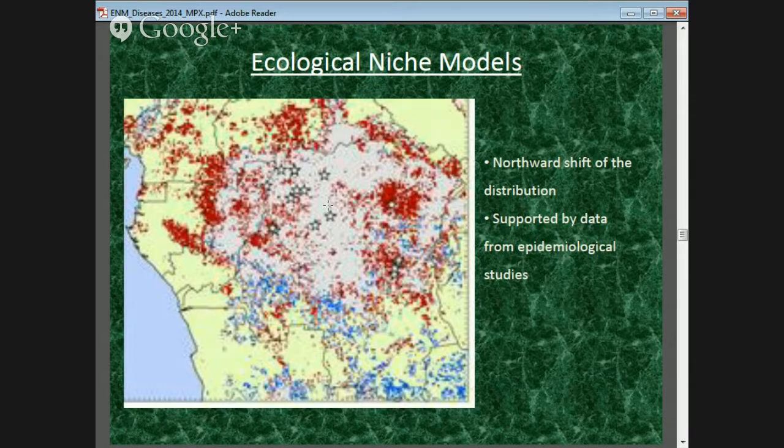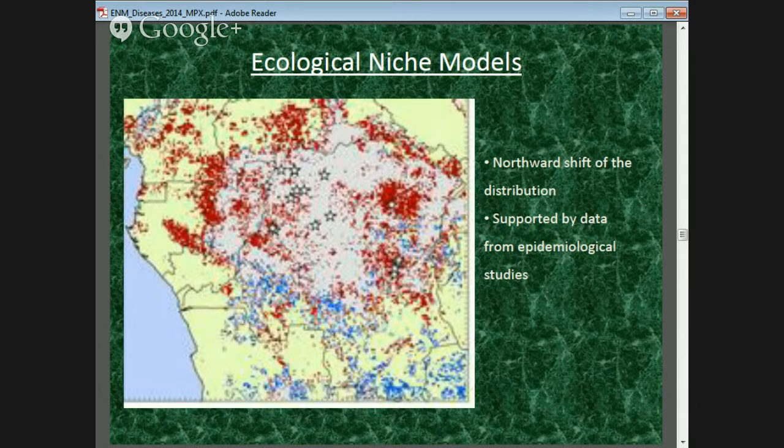The red area represents the areas that were not suitable back in the 1980s, but they are suitable now. The blue areas are the opposite. They were suitable in the 1980s, but they are not suitable anymore in the 2000s.